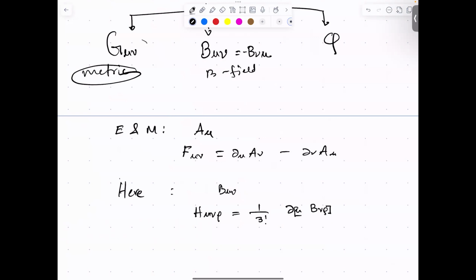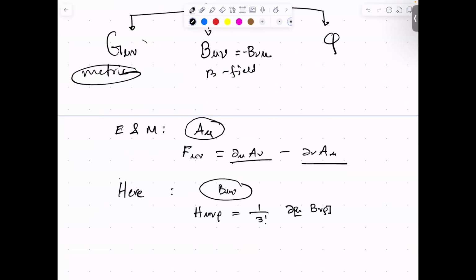If you know the antisymmetrization, it's similar to the electromagnetic field, but with one more index. This is not the reality we live in, for sure, because we don't see this. If this exists, we don't see it.